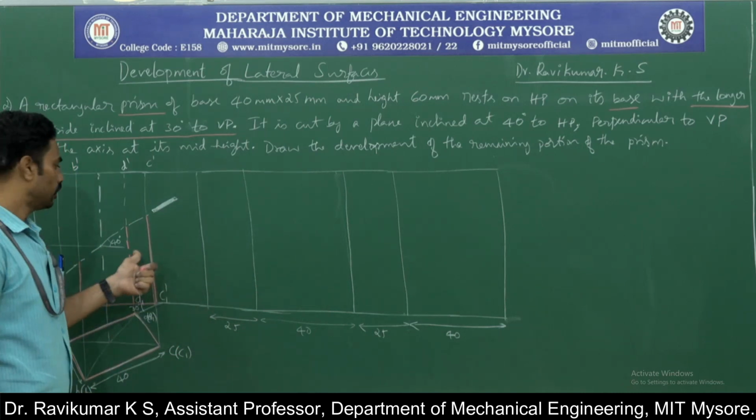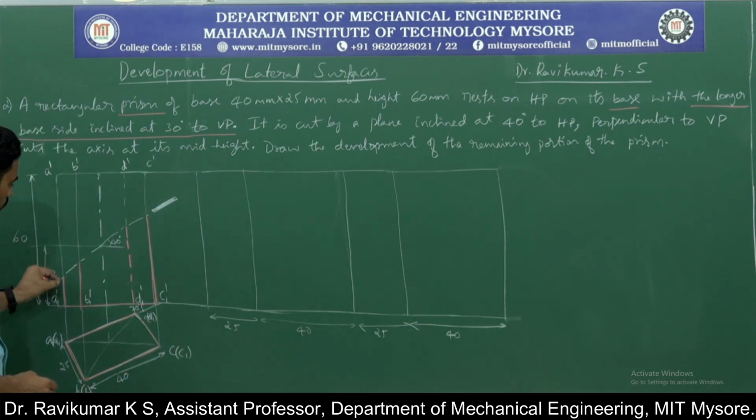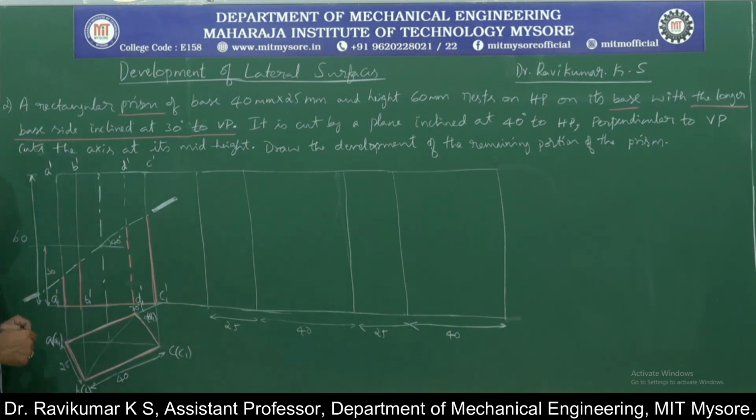Okay, now we need to name the points where the section plane cuts each and every edge. Come back to the front view. In the front view, A-A1 is one of the lateral edges which is cut by the section plane at this particular point.